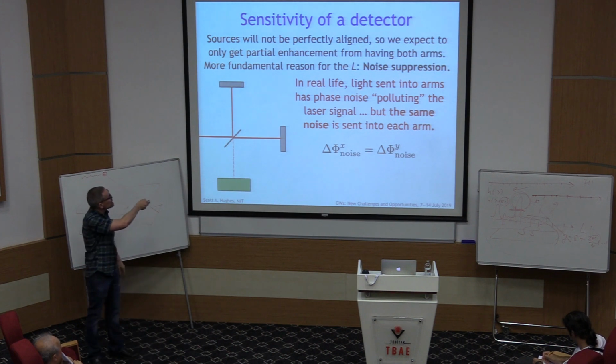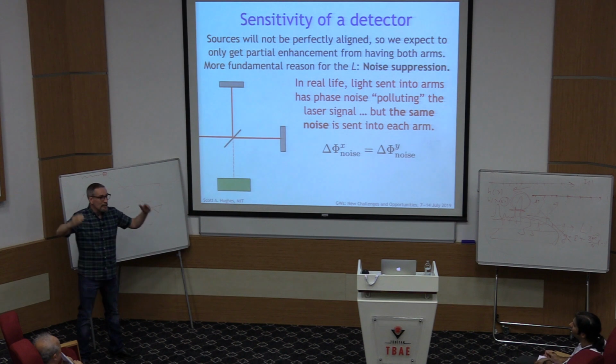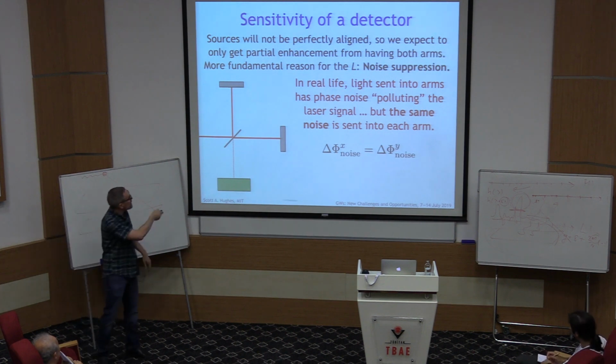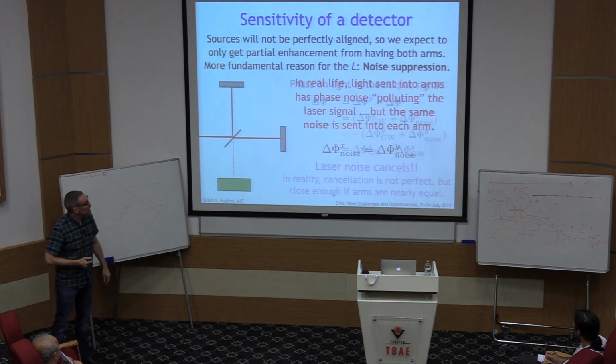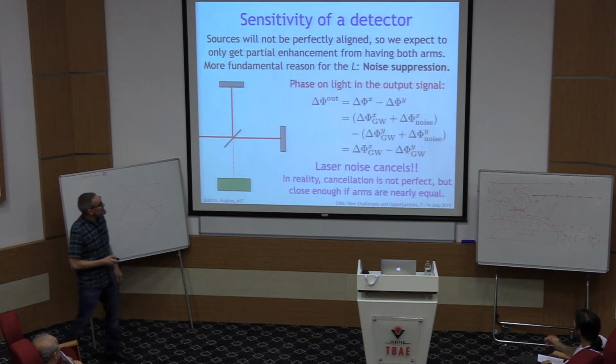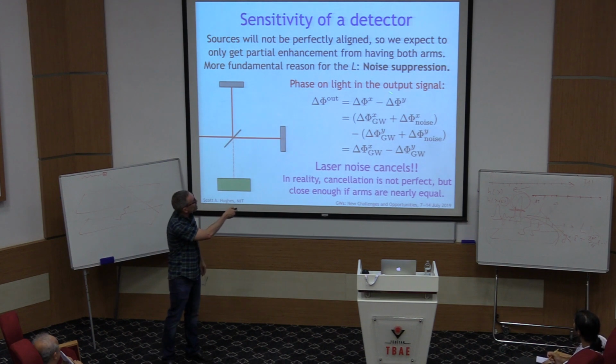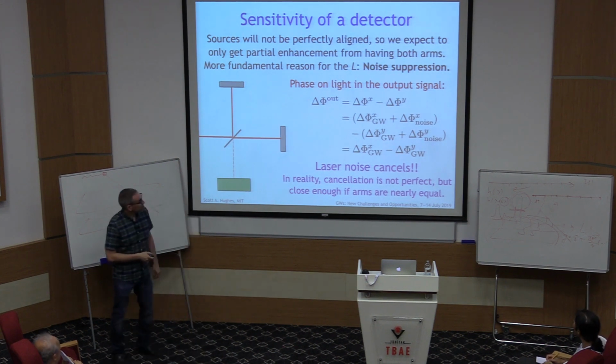But as long as you have a high quality beam splitter into which your signal is sent, the same laser noise goes into the X arm as goes into the Y arm. And what this means is that although the phase imposed by the gravitational waves has the same sign associated with it, I design a readout system that is sensitive to the difference in phase of the X arm versus the Y arm.